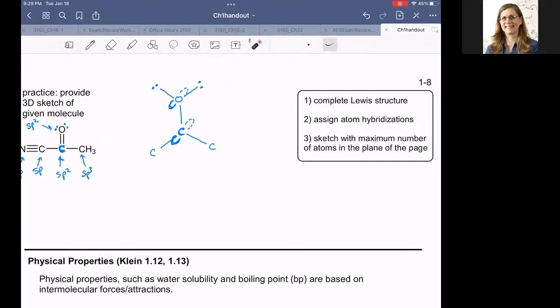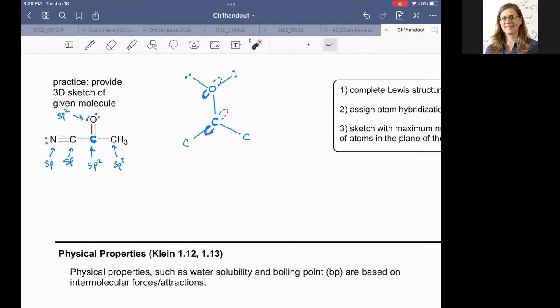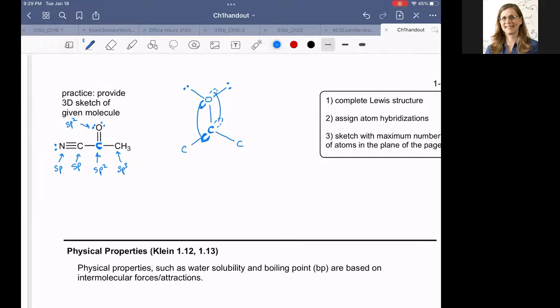I'm sorry, I skipped our steps here. We completed the Lewis structure. We assigned the hybridization. And when you sketch it, you want to make sure you're drawing it as flat as possible with as many atoms in the page as possible, so you don't have parts of the molecule floating out in space. So our p orbitals and our pi bonds are typically going to be pushed to be in the z-axis.